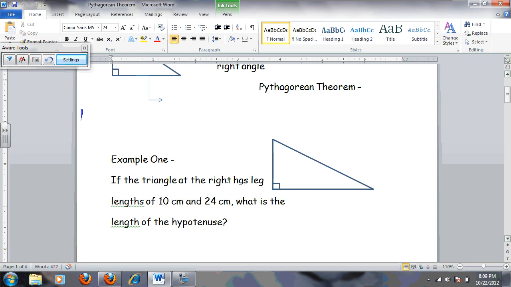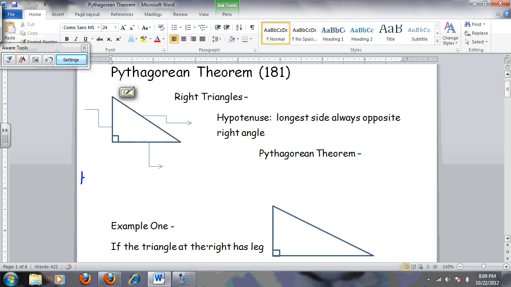Notice we have a right triangle, and its legs are A and B, and the hypotenuse is C. So the Pythagorean theorem says that if I square one leg, or A squared, plus the square of the second leg, or B squared, will equal the square of the hypotenuse, or C squared.